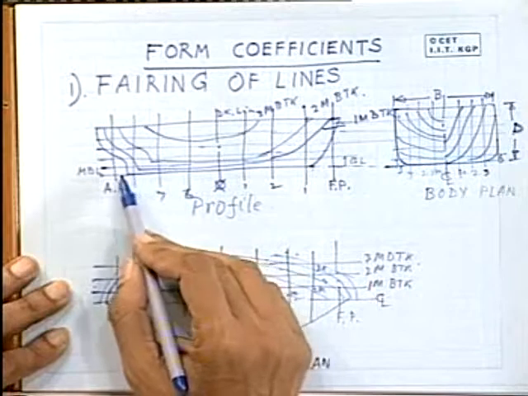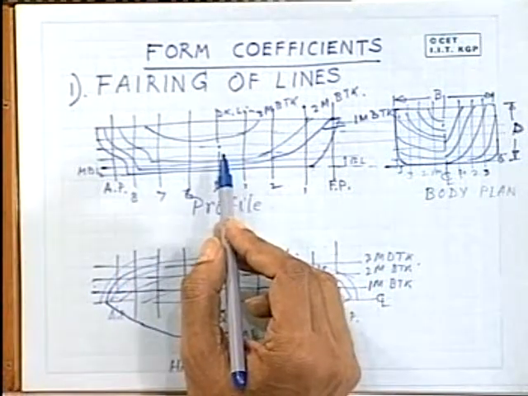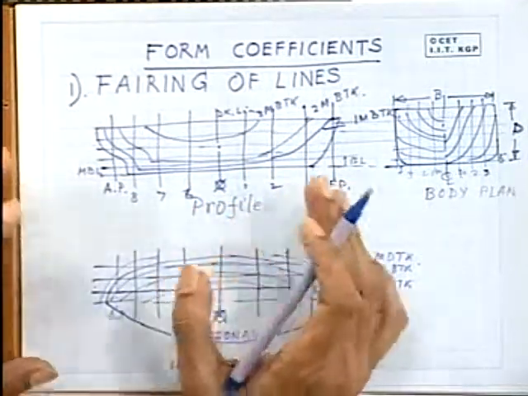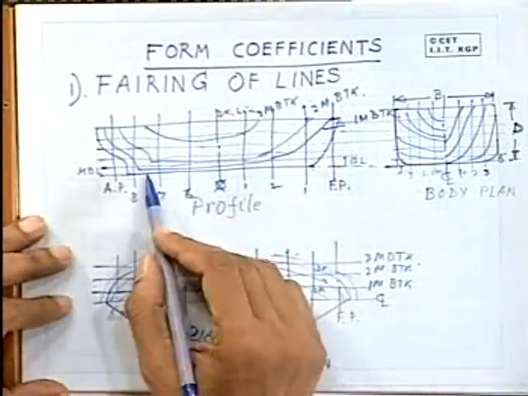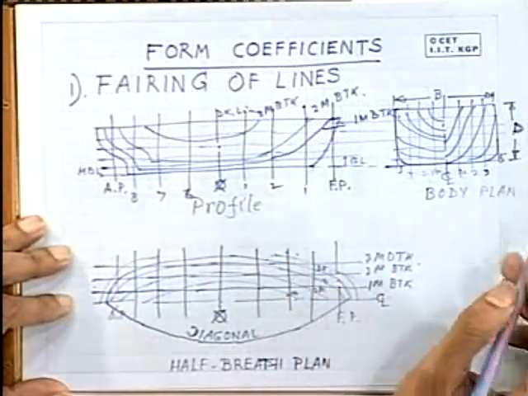And this thrust is eventually through the thrust bearings, it is transferred to the hull of the ship. There are special bearings called thrust blocks which take the thrust. Of course, in the intermediate you have the shaft bearings, and then it is transmitted to the hull and the ship moves forward.